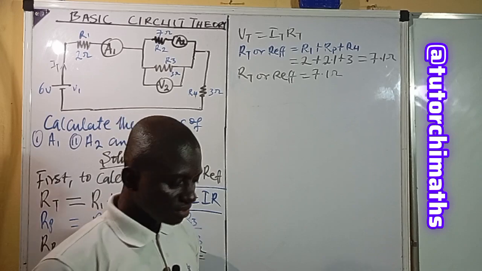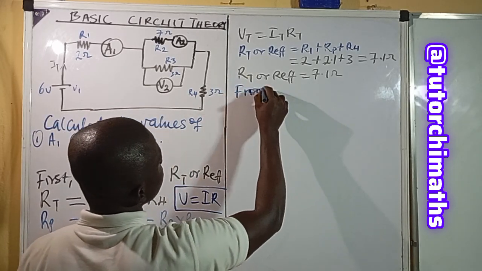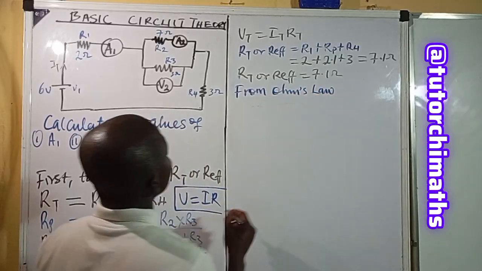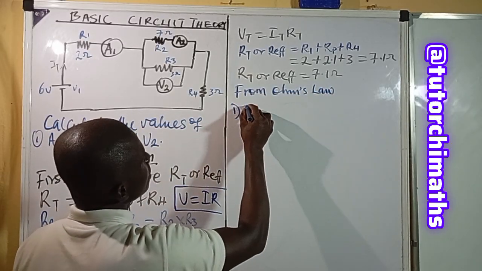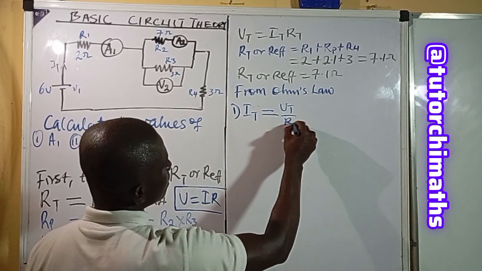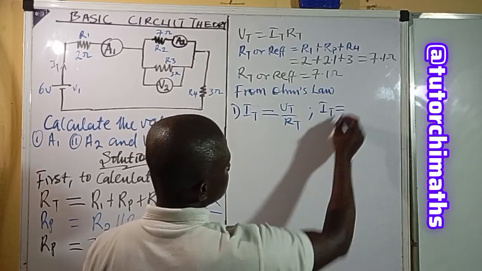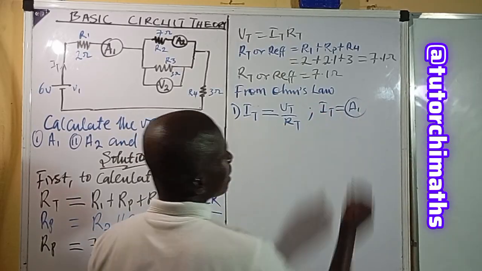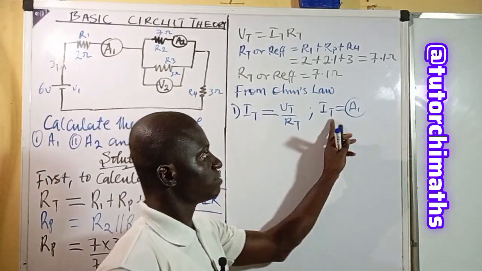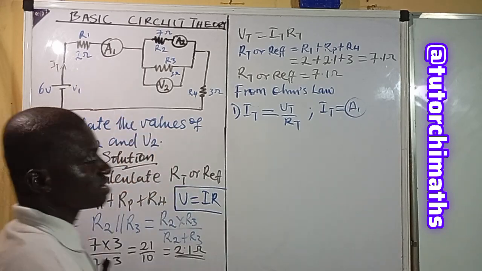Now our IT, from Ohm's law, is equal to Vt over RT. IT is the same as our A1, the ammeter 1 value, because the total current IT is the same as this current A1.